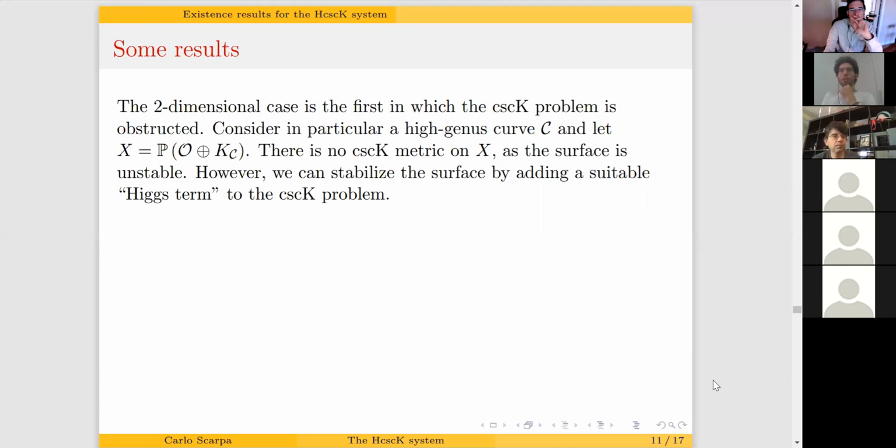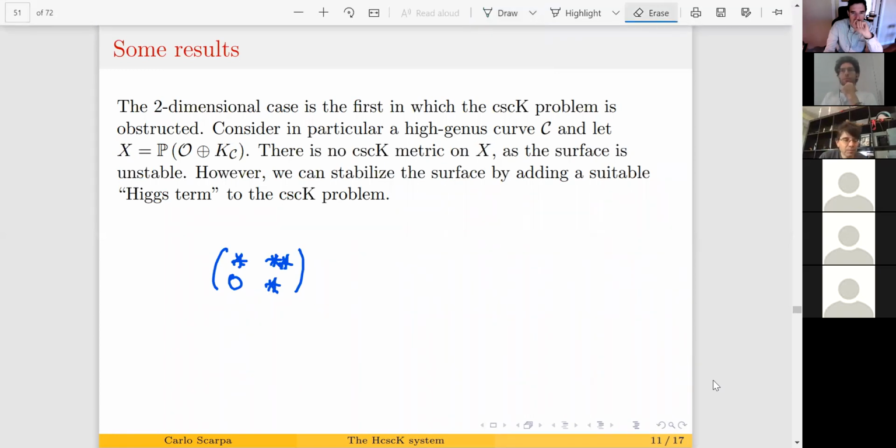So you take the standard complex structure here, and then you take a Higgs field that sort of mixes the complex structures of the trivial bundle and the canonical. So you modify this bundle a little bit, so that maybe it's not split anymore or something like that.